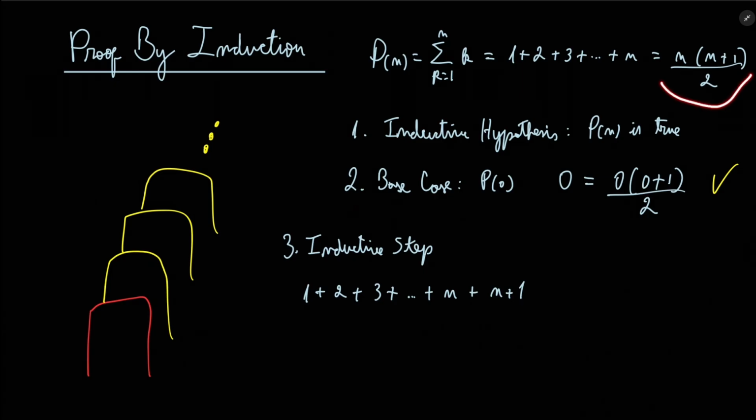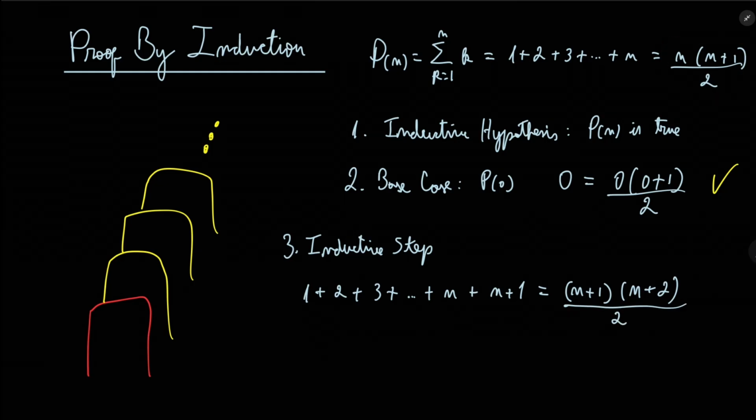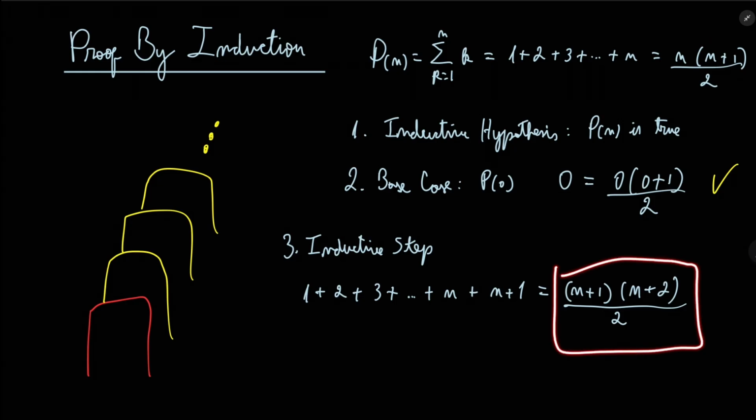And given the formula of what you're trying to prove, this should be equal to n plus 1 times n plus 2 over 2. We're just using this formula, but instead of n, we're using n plus 1. So this is n plus 1, and n plus 1 plus 1 is n plus 2. So this is why we have n plus 1 times n plus 2 over 2.